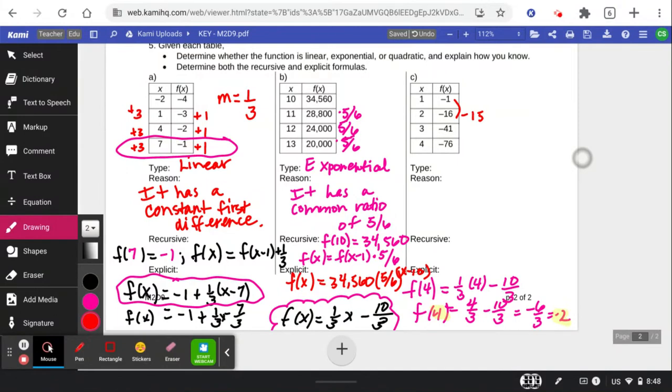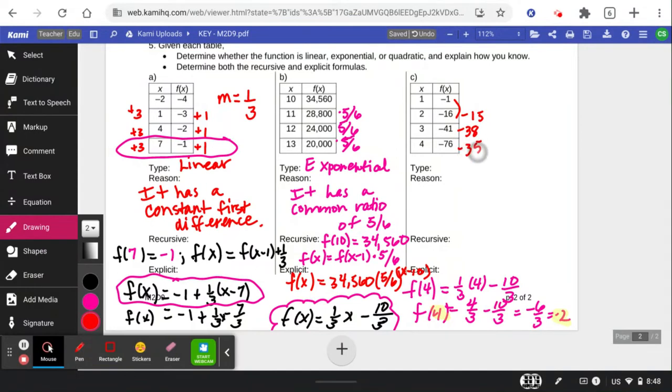So here I go again with the next one, -41 minus a -3 is going down 38. And then 76, the difference there, $35.